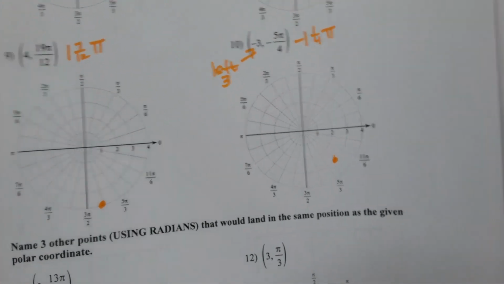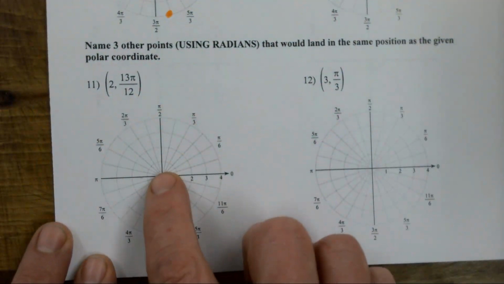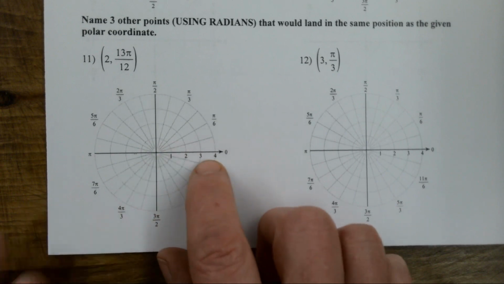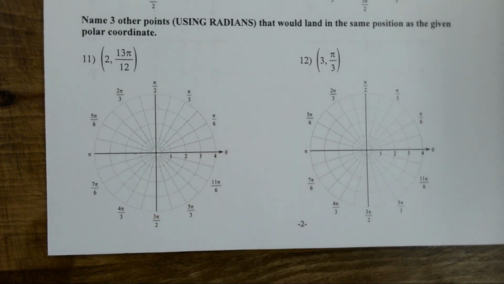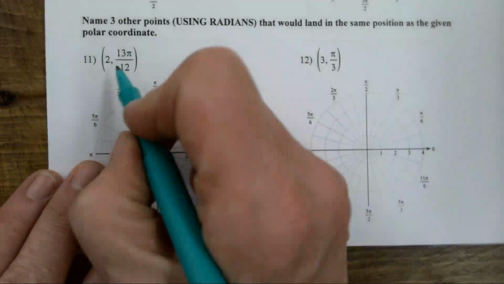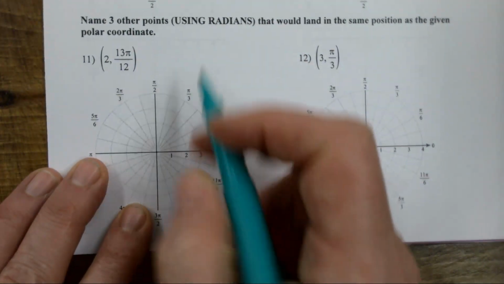So I want to practice moving around, and we're going to get to the same point, this point right here, by moving different directions, okay? So I'm going to start by plotting this point. This is 2, 13/12.